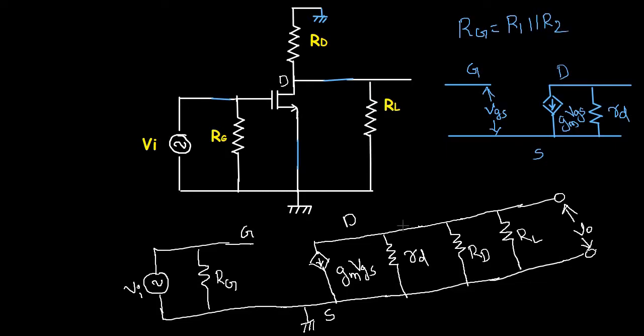This represents the transistor. After that we connect RD, the resistance RD, in between drain and ground. Then RL in between drain and ground. So we draw the small signal model of the MOSFET common source amplifier.